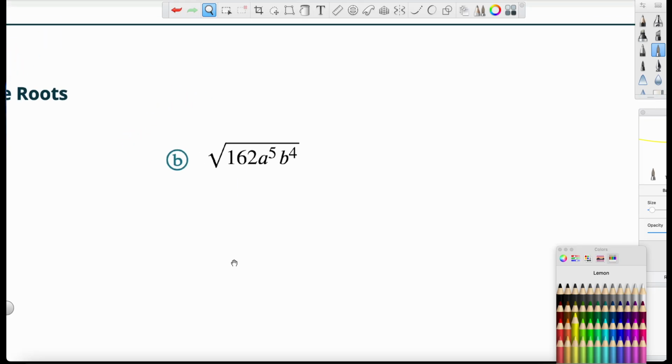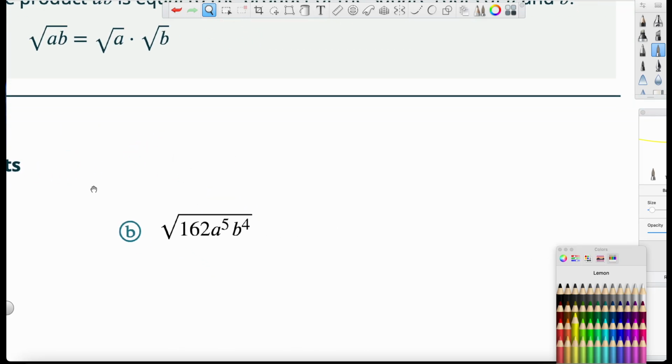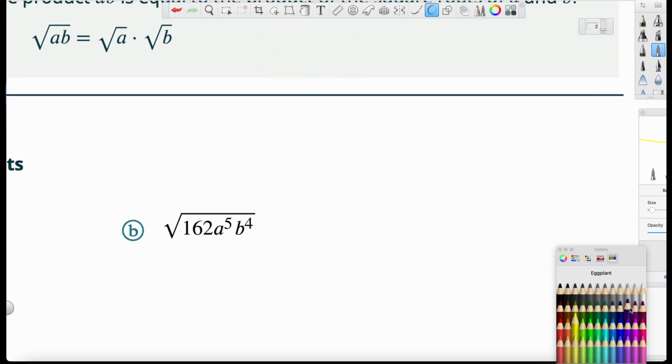Now let's see if we can use the same rule for this problem. With 162, I'm just going to factor out a 2 here from 162, and I get 81. Now we know 81 is a perfect square.